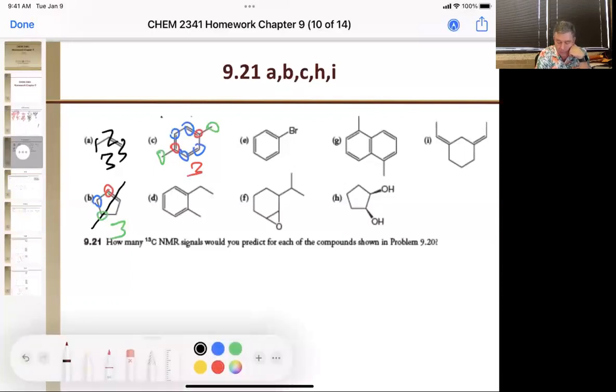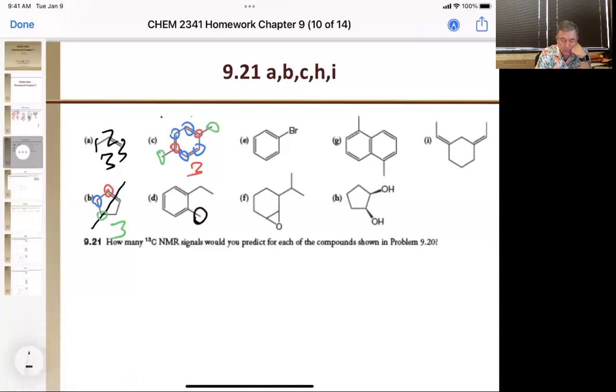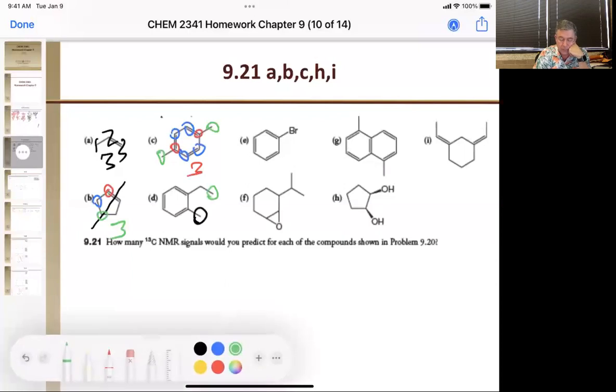Okay, so let's start with this one. We're going to start with this methyl group. There's one signal. This methyl group is a different signal because it's hooked to a CH2 and this one's hooked to the benzene ring. This is a different signal. I think that could be a different signal, and might be the same signal as this one here, but just to be on the safe side, yeah, because they're hooked to the same thing.